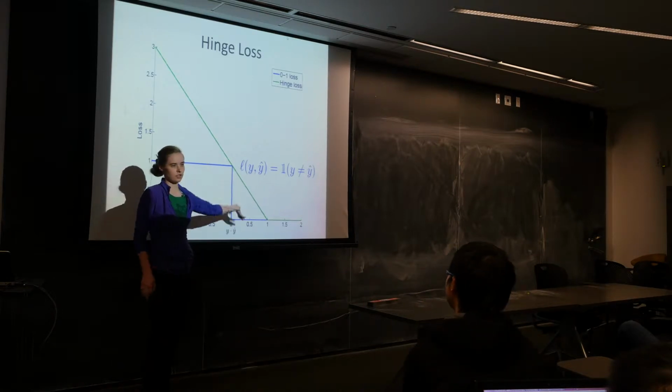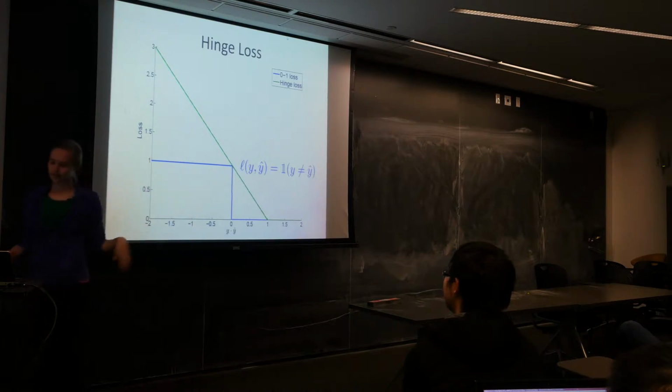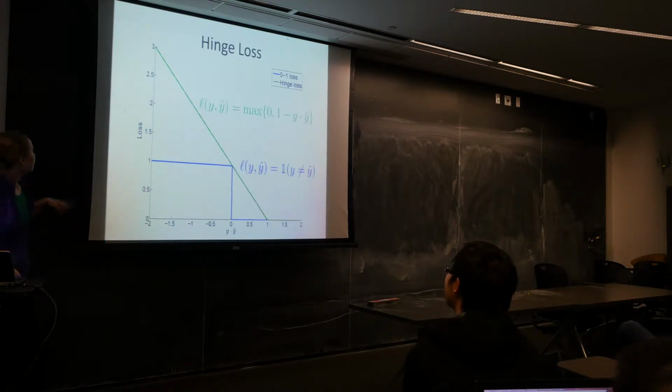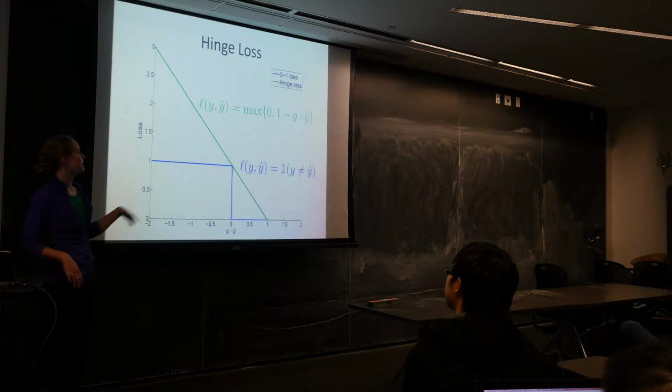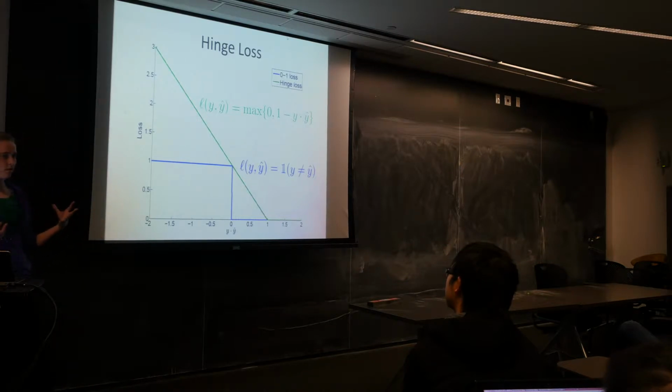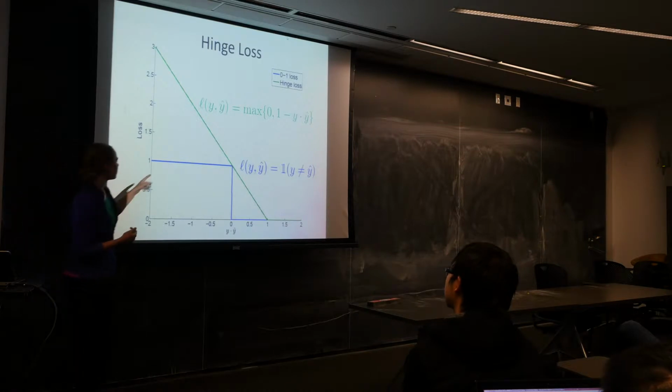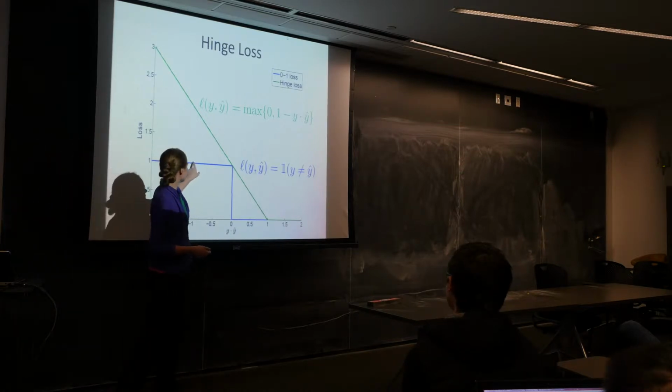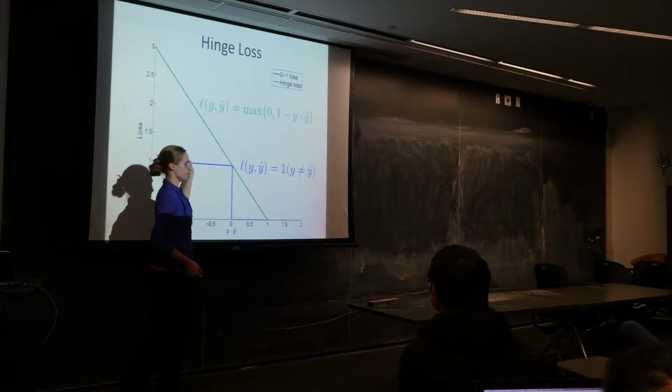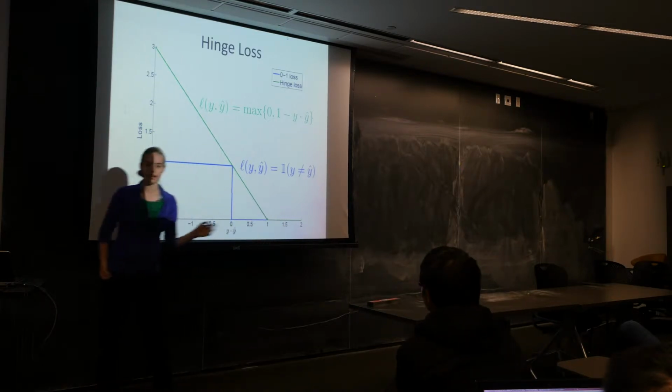Otherwise, if they do match, no loss. That's why it's called 0, 1 loss. And you can see here that the hinge loss in green is an approximation to the 0, 1 loss. It's nice, it's convex. If you were to take a point over here and a point over here and connect them with a line, you would see that this curve doesn't lie below that line, which means it's not a convex function.